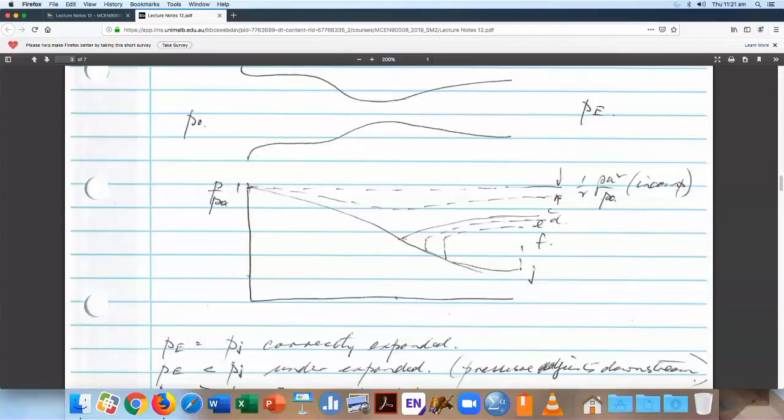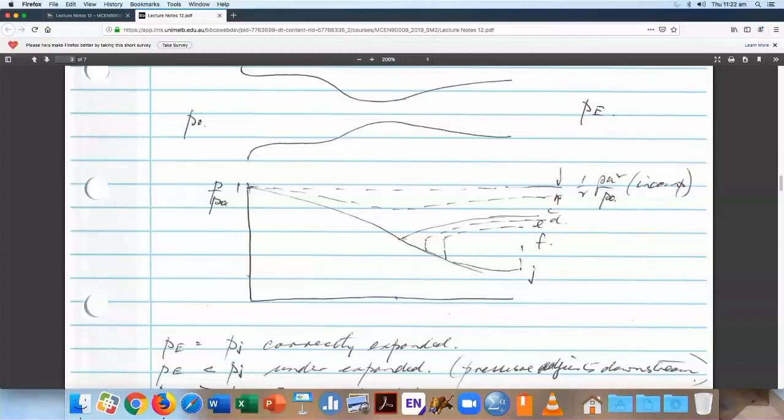On the other hand, if I drop the pressure PE very substantially below this point here, then I have Mach number 1 here, and all that I've done gives me supersonic flow in here, and that takes me on this branch here.